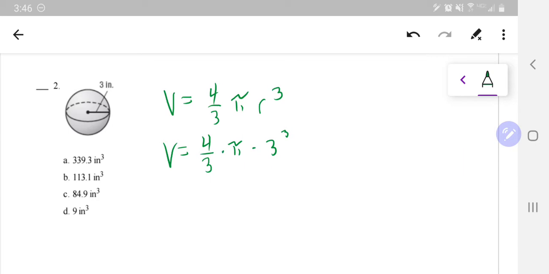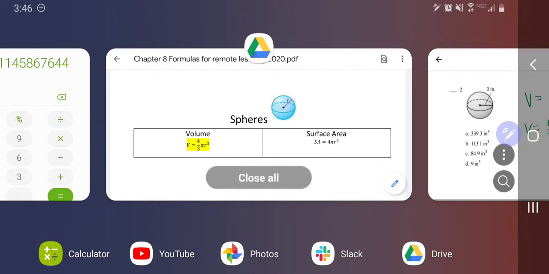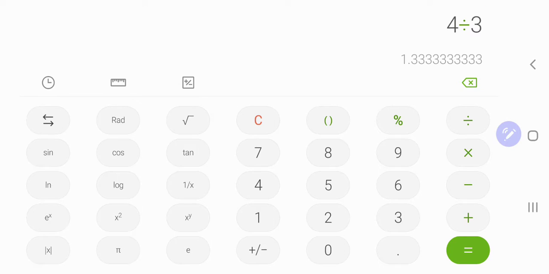Now, I'll show you how I type this in. It might be helpful. I'm going to get to my calculator, and I'm going to show you how I type that in. So I go 4 divided by 3 times, because that's like 4/3, times pi, I use the pi button, and then I'm going to multiply it by 3 to the third, which is times 3 times 3 times 3.